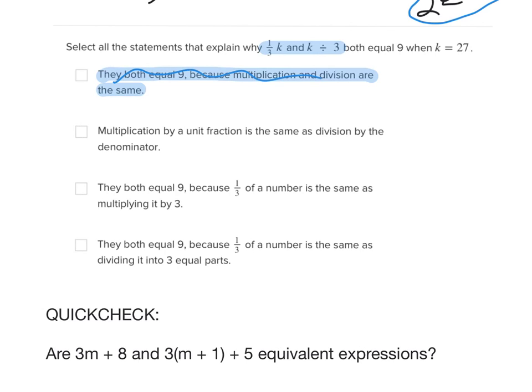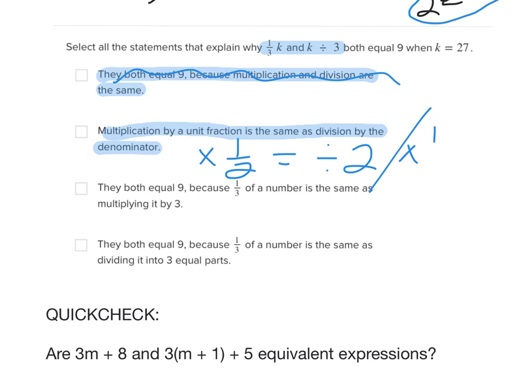So I would say no. Let's check the next one. Multiplication by a unit fraction is the same as division by the denominator. So what they're saying is if I multiply by 1/2, it's the same as dividing by 2. That's true. Also, multiplying by 1/3 is the same as dividing by 3. Okay, so that is true.